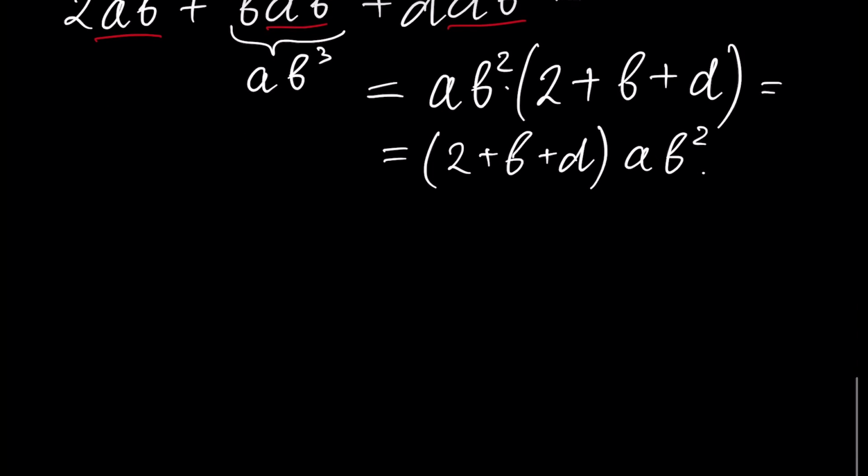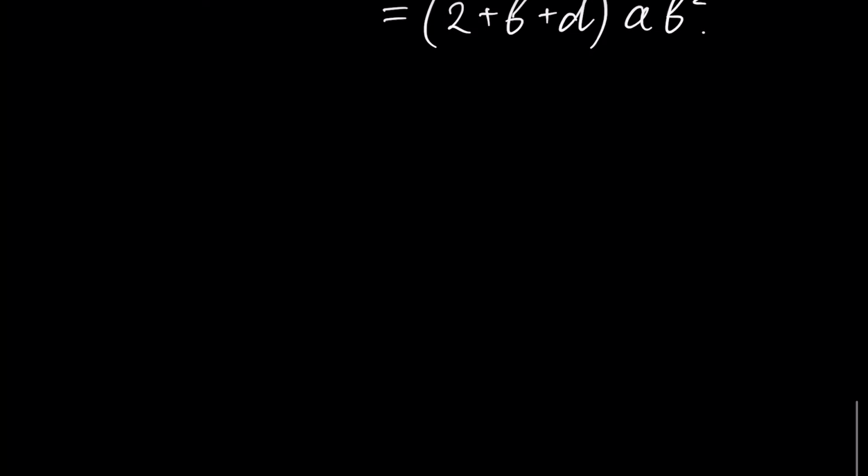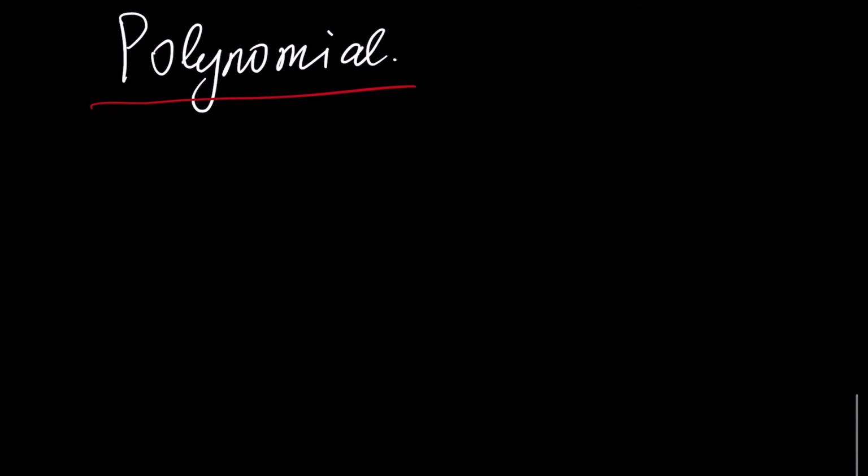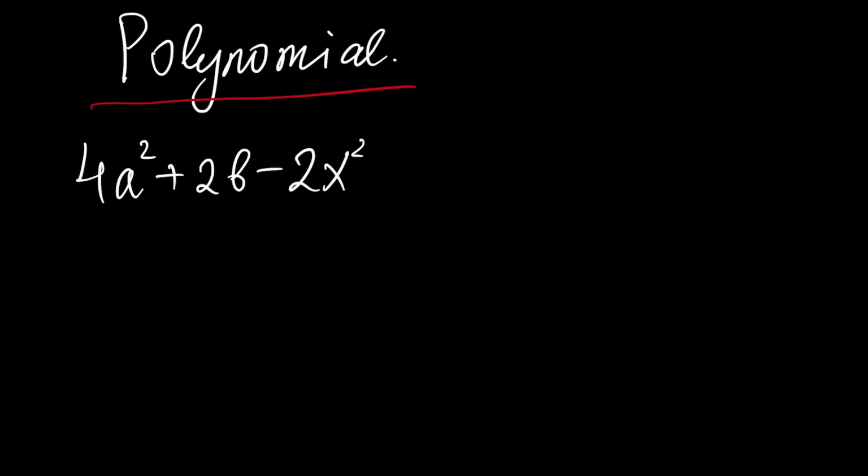Next, let's define the concept of a polynomial. A polynomial is just a sum of any number of monomials. For example, 4a squared minus 2b minus 2x squared y squared is a polynomial, because this is a sum of three monomials.